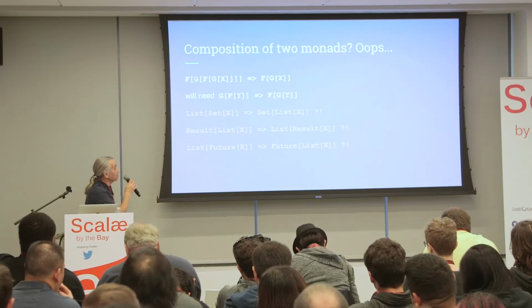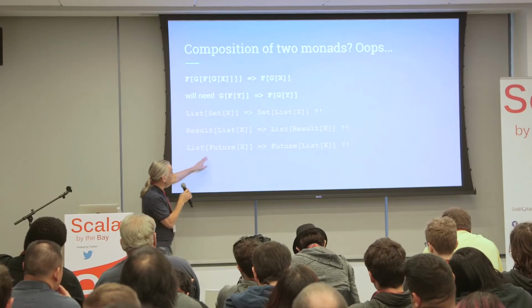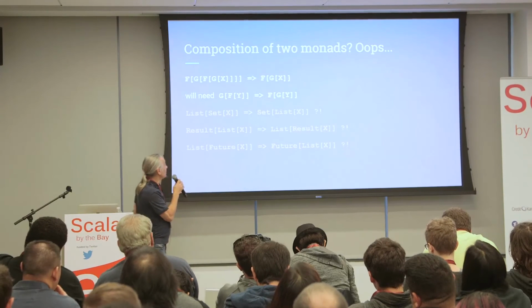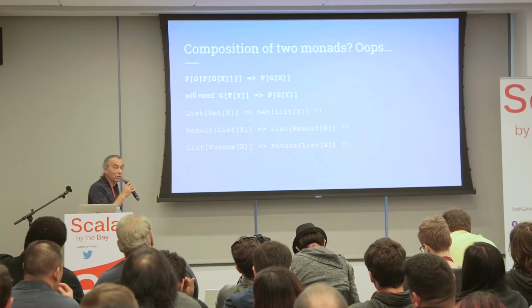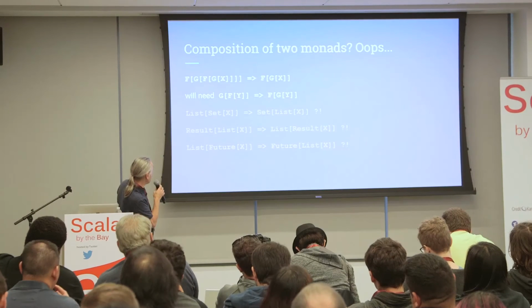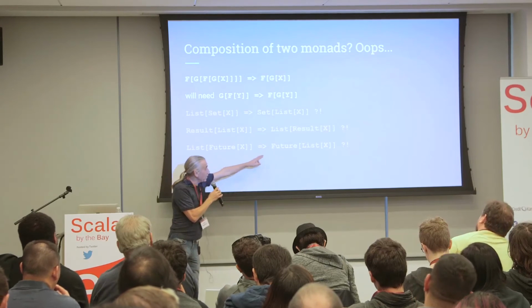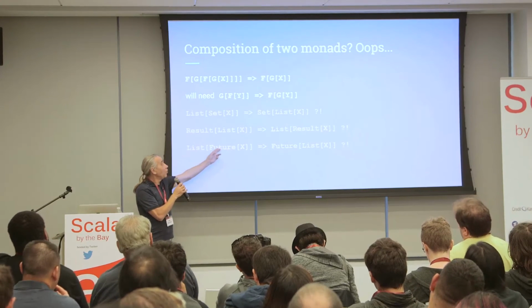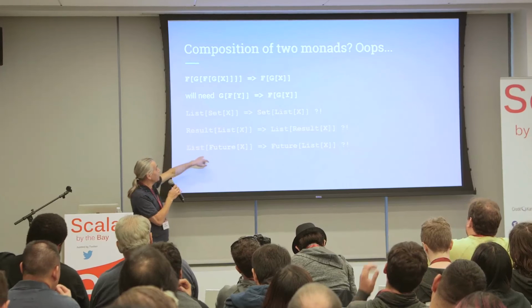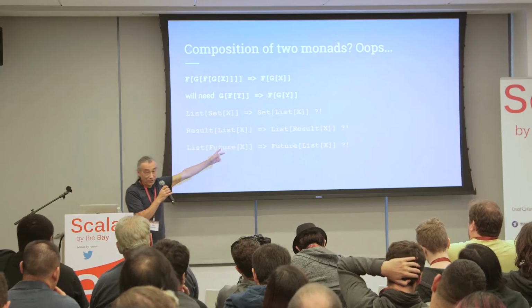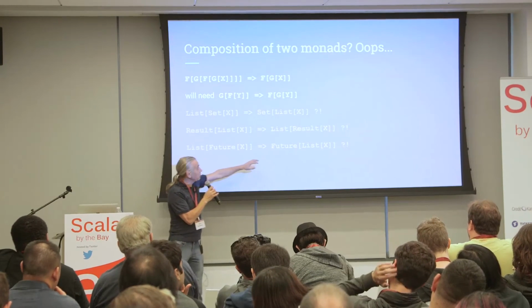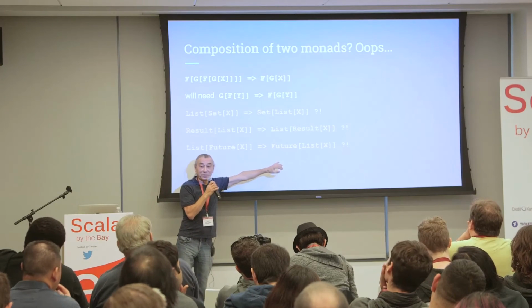But to list all elements of a list of sets, it's hard to tell what exactly it is. So, list of futures and future of lists. It works one way, but it doesn't work the other way, and I wouldn't say I know which way it works. Yeah, well, this we can do, right? We can wait until all these futures finish. But if we have a future of lists, can we transform it into a list of futures?